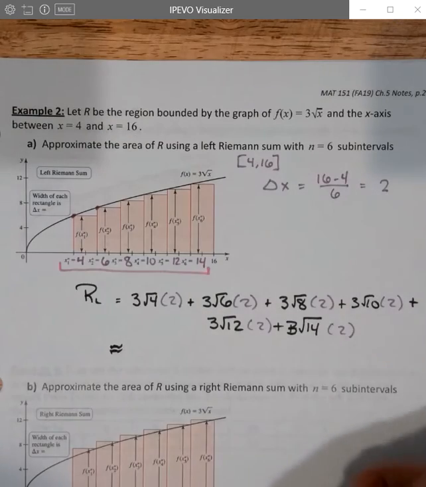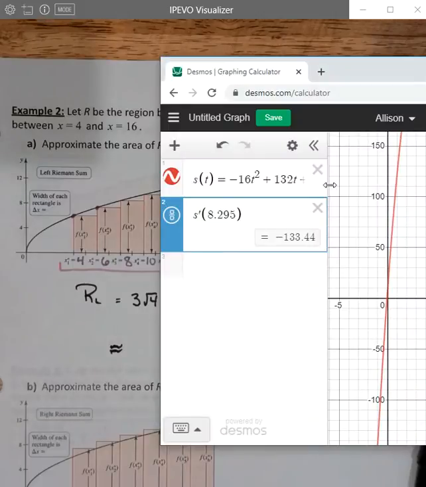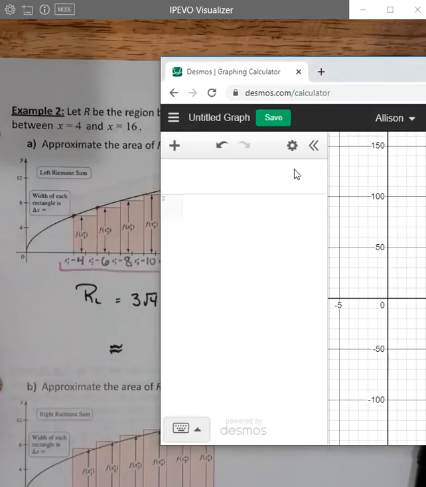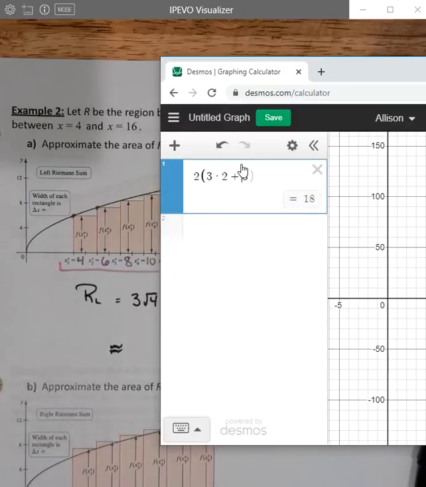So, okay, I need a calculator. I think I've got one here with not too much going in it. Okay, so I'm going to do 2 times, because my 2 is factored out, and then 3 times the square root of 4. Plus 3 times, you know what, they all have a 3, so why don't I factor that 3 out and not have to type that in either? Make it a little easier for me.